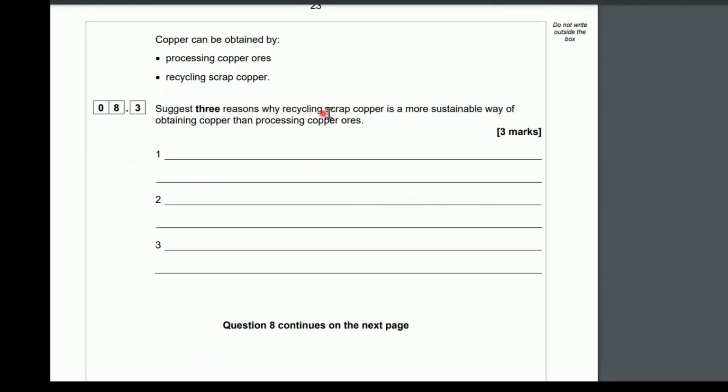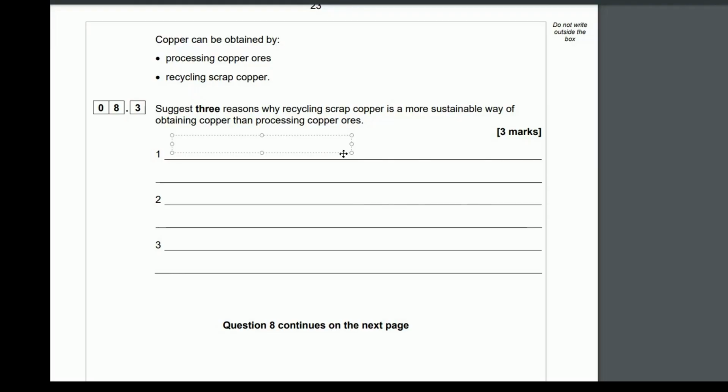Copper can be obtained by processing copper ores, recycling scrap copper. Suggest three reasons why recycling scrap copper is a more sustainable way of obtaining copper than processing copper ores. All right, so if you've got an old copper cooking pot, why is it better to send that for recycling so it can be melted down and reshaped into, say, a copper vase, a copper plant pot, or something else? Why is that better than going and getting more copper from the earth?